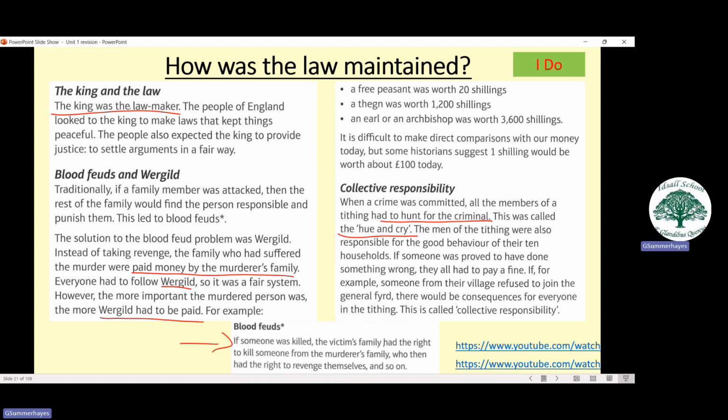And therefore, they would have to hunt the man down, and say man, could be woman, and then bring him to justice. And if someone had done something wrong, this is the collective stuff, they all had to pay a fine in their tithing. So it was upon them to make sure that everybody behaved, because otherwise they would be fined too.